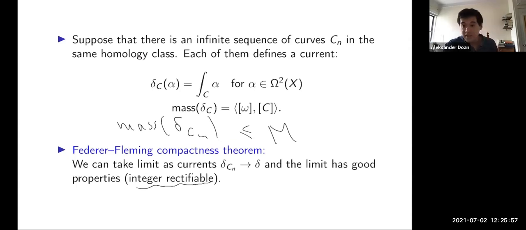And the integer rectifiable currents have a tangent space at almost every point. And because our curves were pseudo-holomorphic, this tangent space will also be invariant under the action of J. So it's some sort of singular pseudo-holomorphic object.